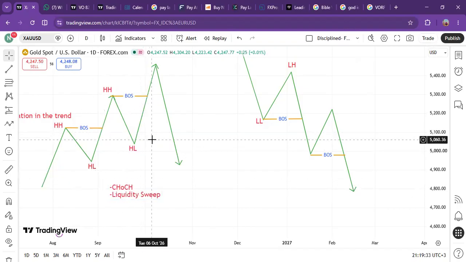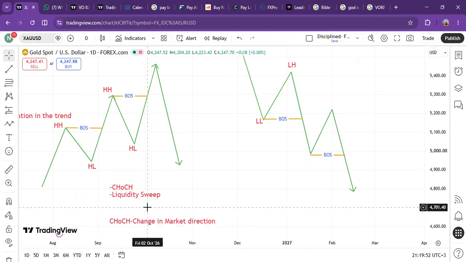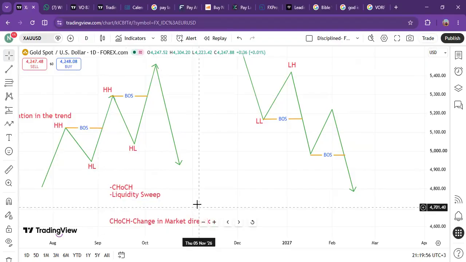So a change of character signifies a change in market direction. Okay, so we are going to have a shift from an uptrend to a downtrend.